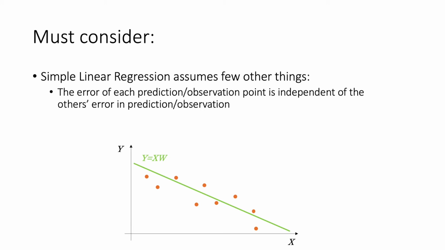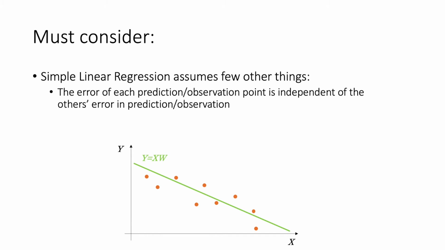Some things we must consider. Besides the assumption that in linear regression the output variable is a linear combination of the input variables, we have some others. For example, the error of each prediction and observation point is independent across all the other points.